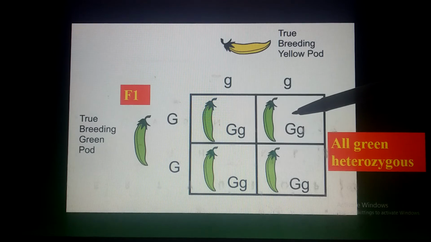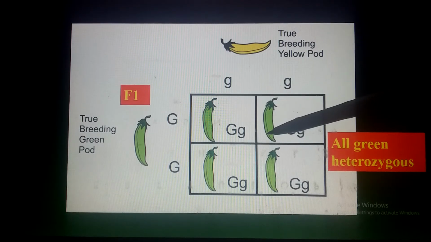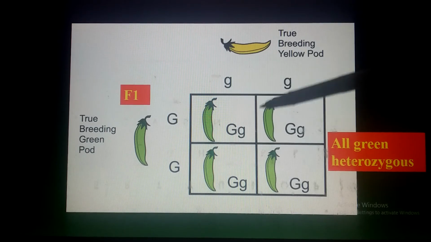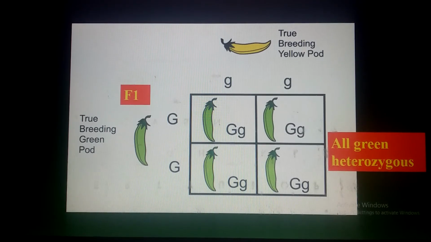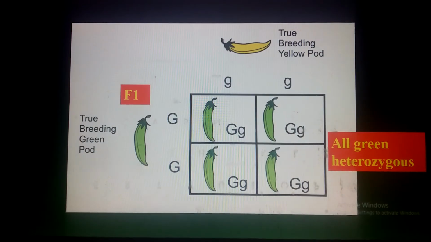Must keep it in your mind. In the F1 generation, all the offspring are what? They are green phenotypically, but genotypically they are different from their parents because they are heterozygous. As the parents are what? Homozygous. Parents are homozygous and the offspring in the F1 generation are heterozygous.